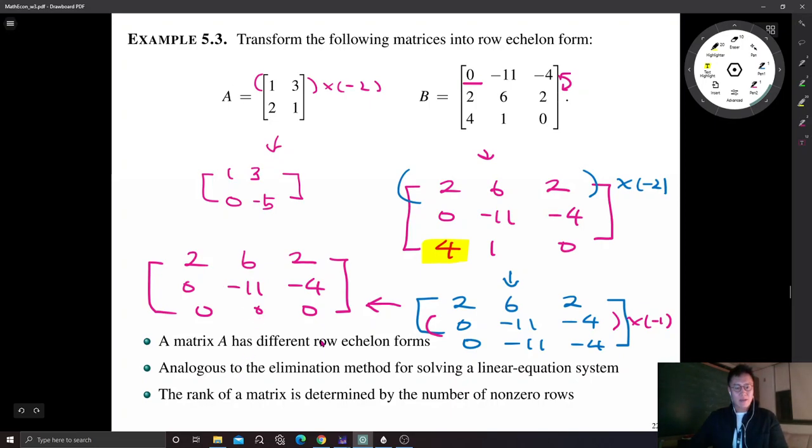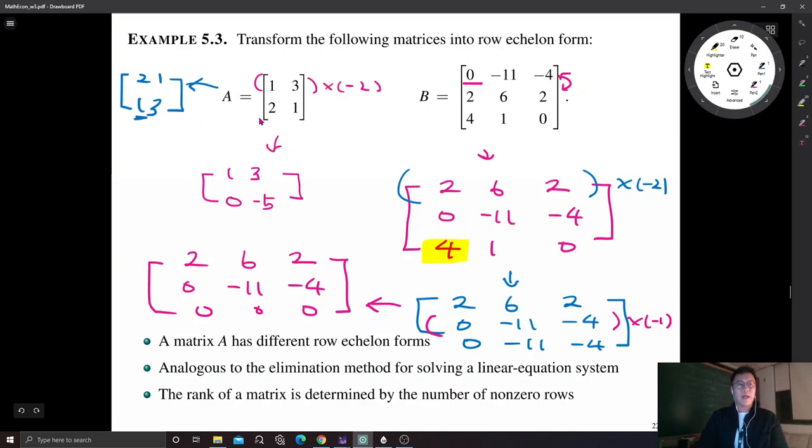One thing you can notice is that a matrix has different row echelon forms, even the first one. We transformed this matrix to this echelon form, but we may start with row switching. So first transform to 2, 1, 1, 3. Now how do we eliminate this number 1?